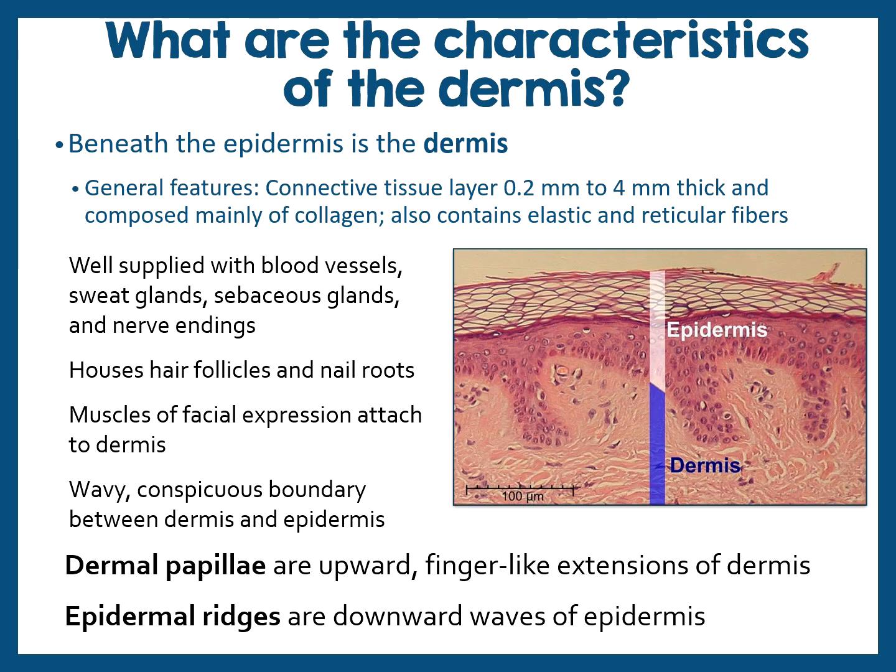The main fiber that we're going to find in the dermis is collagen. But there's also going to be some elastic fibers and reticular fibers that we see in the loose and dense or fibrous connective tissue proper.